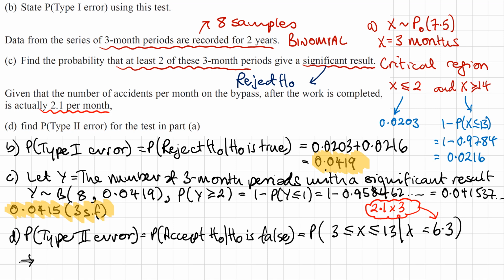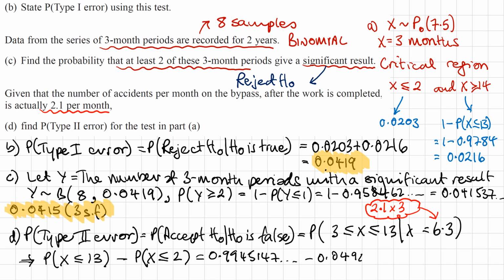So it's going to be the probability x is less than or equal to 13, and I want to subtract from that the probabilities that I don't want, which is going to be the probability that x is less than or equal to 2. Okay, working out the first probability, we got 0.9945147. Subtract the probability when it's less than or equal to 2, which is 0.049846.